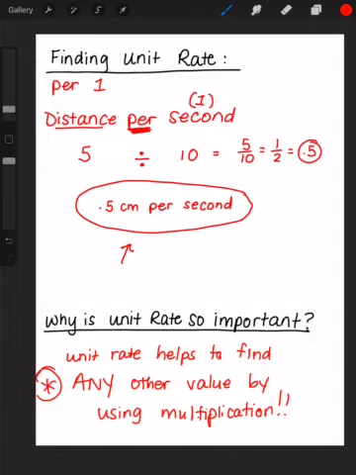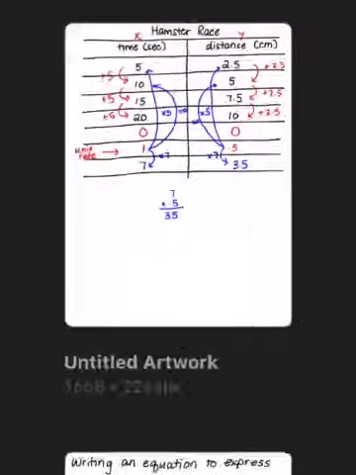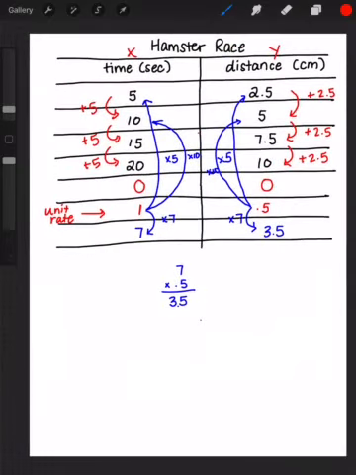Okay, now these are all fairly low numbers in this table, and yes, we can take the 5 and double that to the 10, do the 2.5 and double that as well. We can take the 10 and double that to the 20 and take the 5 and double that to the 10. But when we get to higher numbers, let's say I'm going to make this hamster run for 123 seconds, okay?